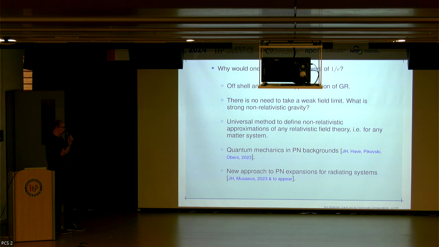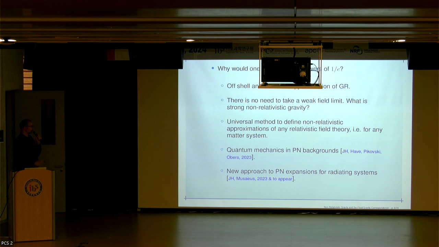And it's not very covariant the way it's been set up. It's usually done in a particular gauge known as the harmonic gauge. And so we're looking for a more universal method that allows us to do non-relativistic approximations of GR coupled to some matter system where you want to be as general as possible.